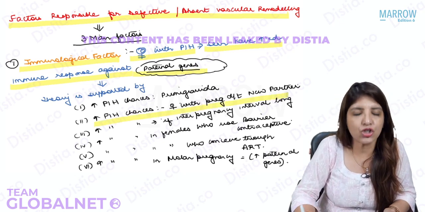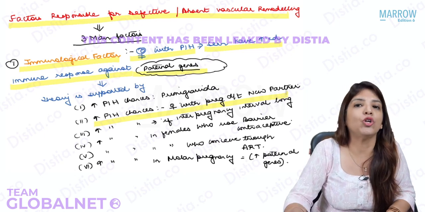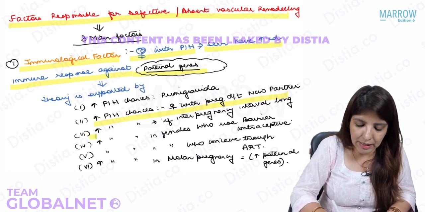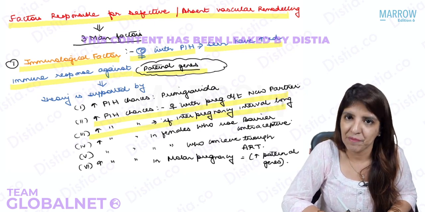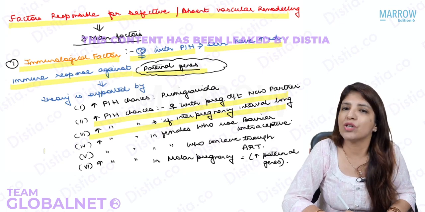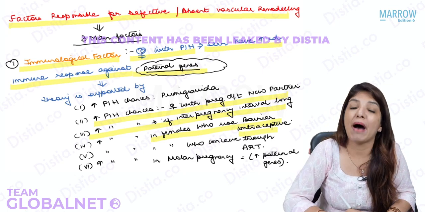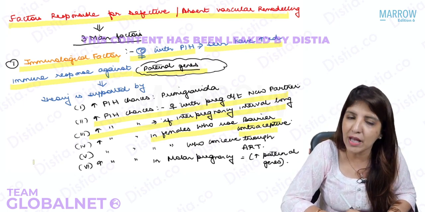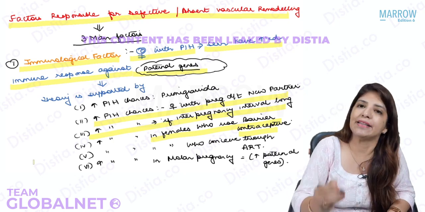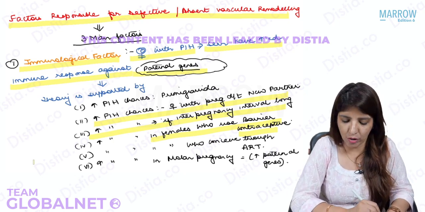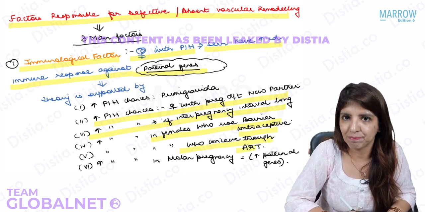Similarly, there are increased chances of PIH in a female who is pregnant from a new partner, right? Similarly, if the inter-pregnancy interval increases, then also that becomes a risk factor for PIH, or females who were using barrier contraceptives. The females who were using barrier contraceptives were not exposed to paternal genes, and that is why they are also at risk for PIH, or females who conceive through ART. Right?